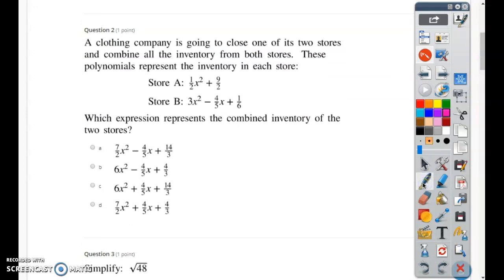it tells you right here what to do. Combine like terms. So you're adding them, right? So this one goes with this one. You add. And this one goes with this one. You add. So this one's going to stay the same. You see?